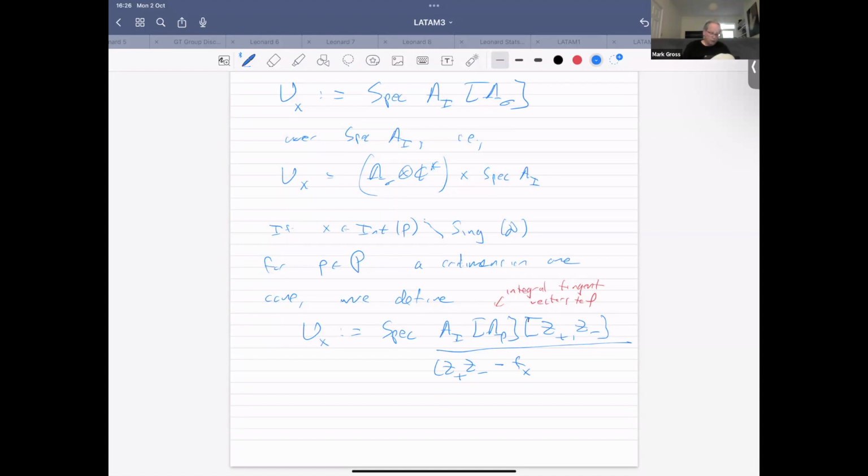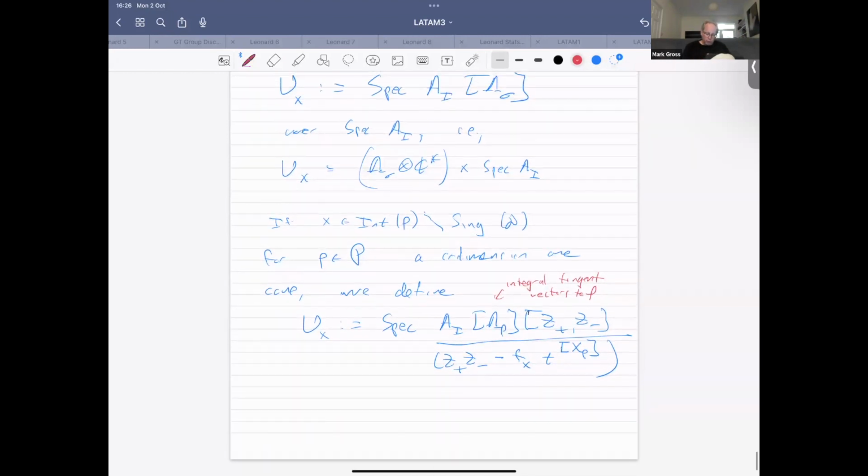That depends on the point x. So I have the equation z plus times z minus equals f_x times t to the x rho. Here x rho is a one-dimensional stratum.